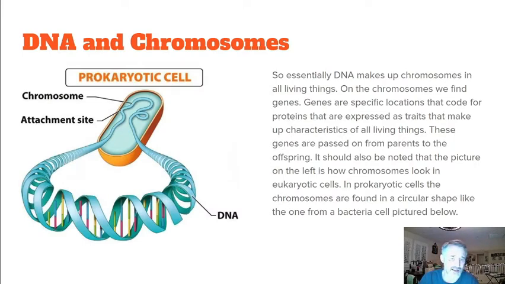Even in prokaryotic cells, it's kind of similar. You have it forming basically a circular piece of DNA called a plasmid. So essentially DNA makes up chromosomes in all living things. On the chromosomes we find genes. Genes are specific locations for the codes of proteins that make up these characteristics. But even in prokaryotic cells, bacteria cells for example, the chromosomes aren't really called chromosomes.